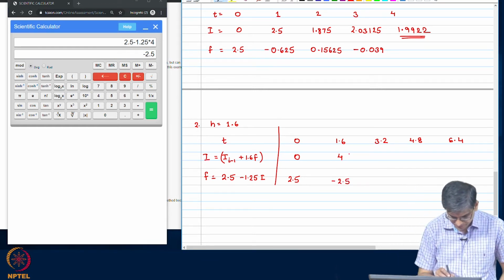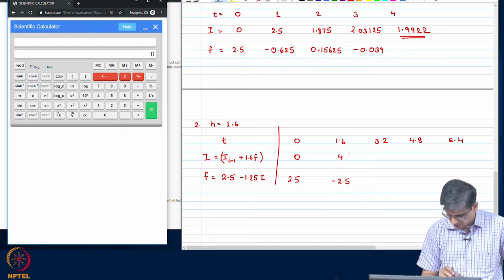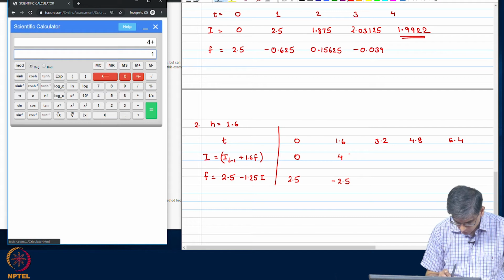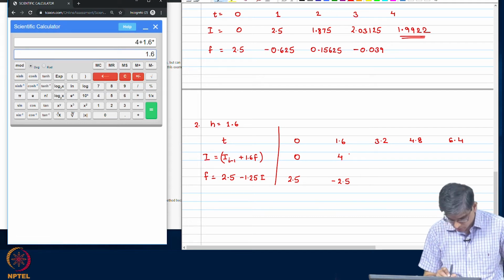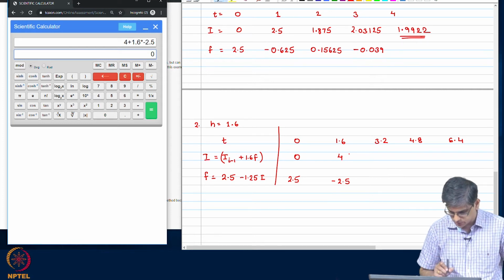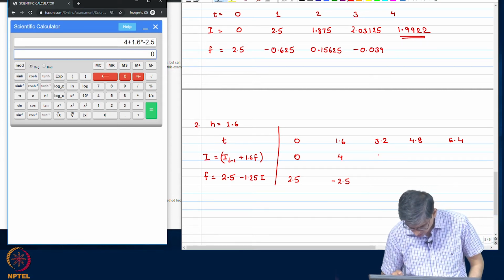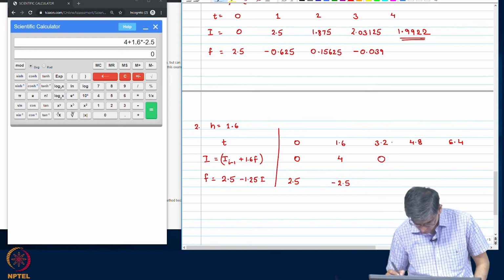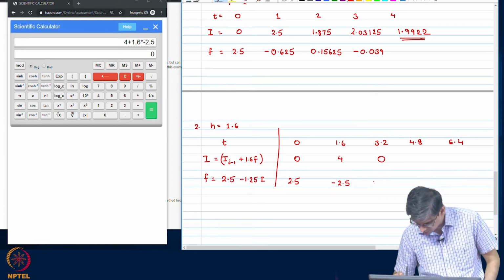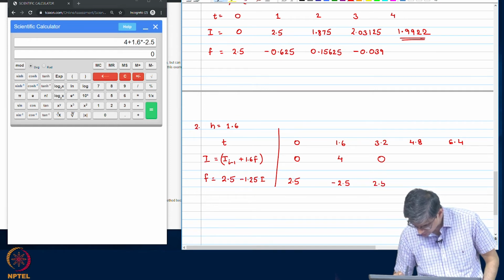So our I is going to be 4 plus 1.6 into minus 2.5, which equals 0. So our I is equal to 0, and our f is 2.5 minus 0, that is 2.5.